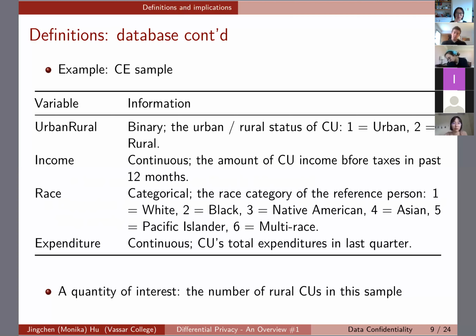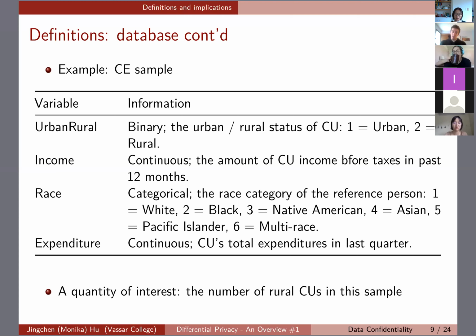Even if you don't know exactly how much that person makes, it's likely to tell you that some super rich people are in the data set. That is a possible way privacy is compromised, even if you think you're not giving out anything very confidential.